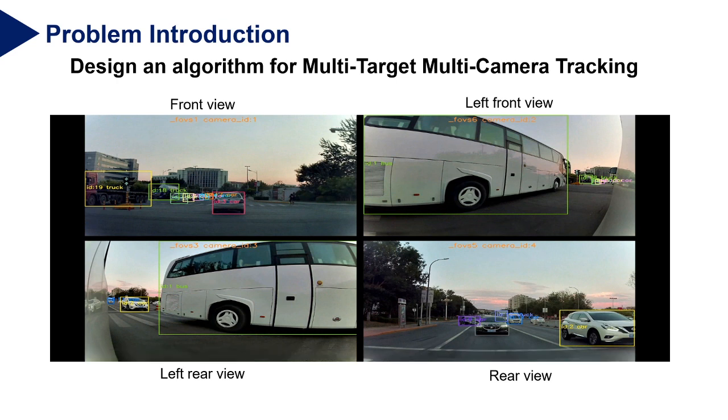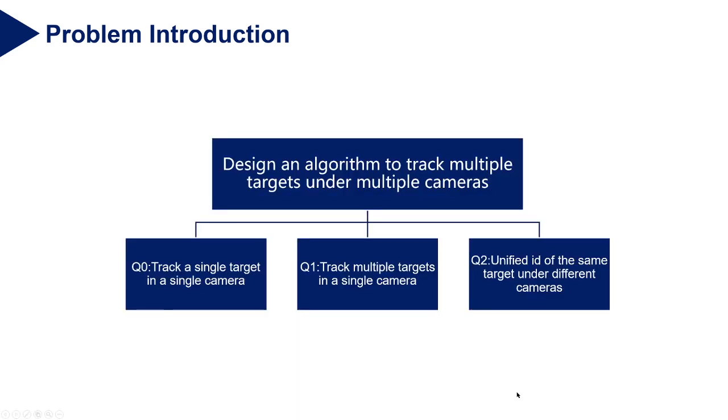The main task of this competition is to take other vehicles appearing in the camera as targets, assign an ID to each target, and the ID of the same target always remains unchanged. To achieve multi-target tracking in multiple cameras, 3 problems need to be solved.